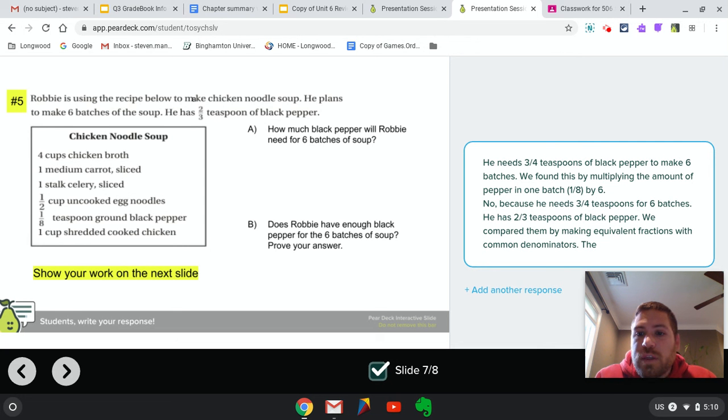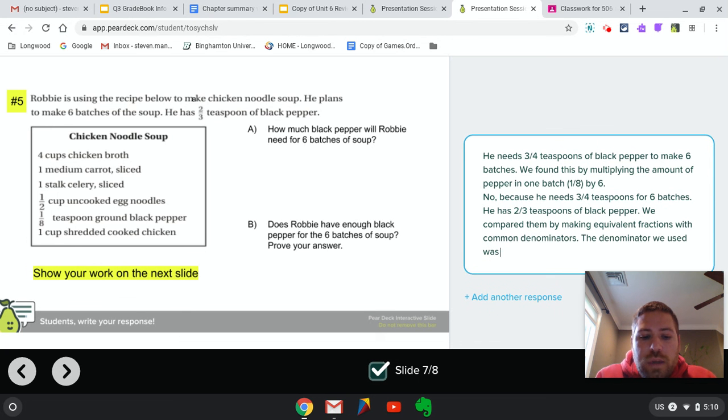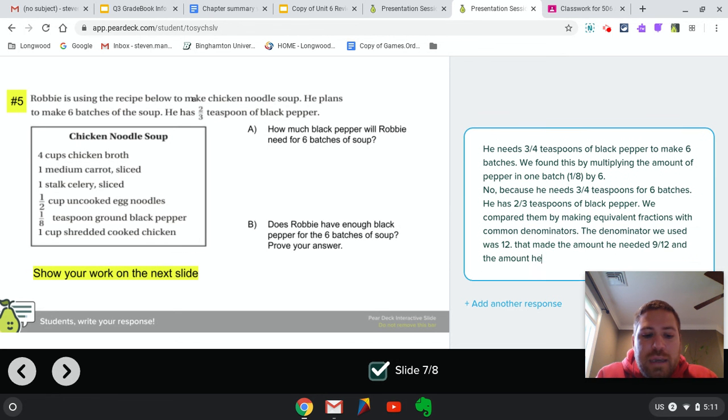The denominator we used was 12. That made the amount he needed 9/12, and the amount he had was 8/12. Again, typos.